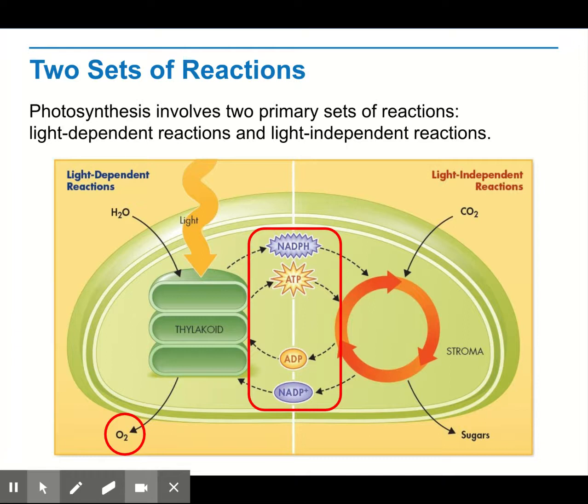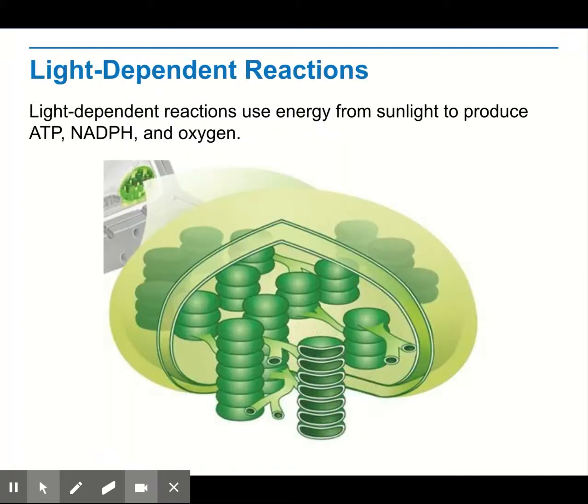They provide energy to the light-independent reactions because these reactions don't use light energy. They use energy that's actually in molecules. Then we get carbon dioxide going into that light-independent reaction. Out come sugars, and then the low-energy versions of these two molecules.